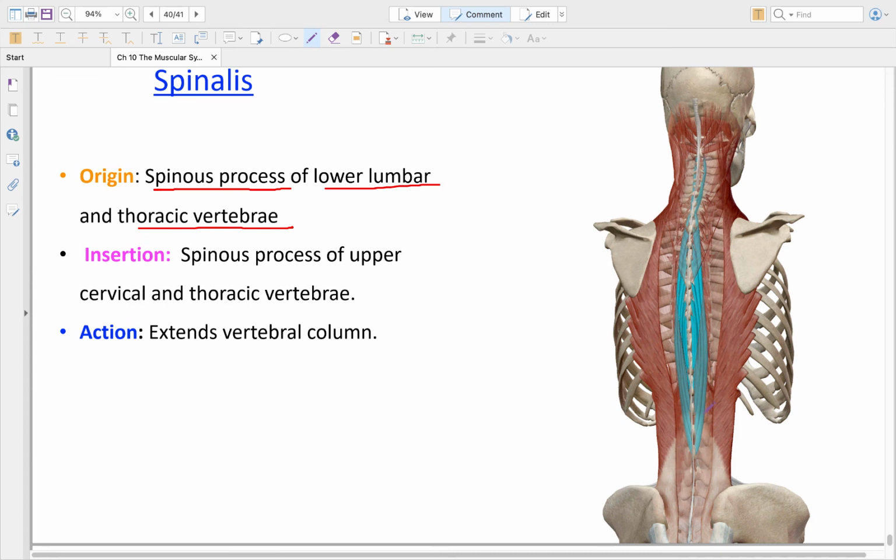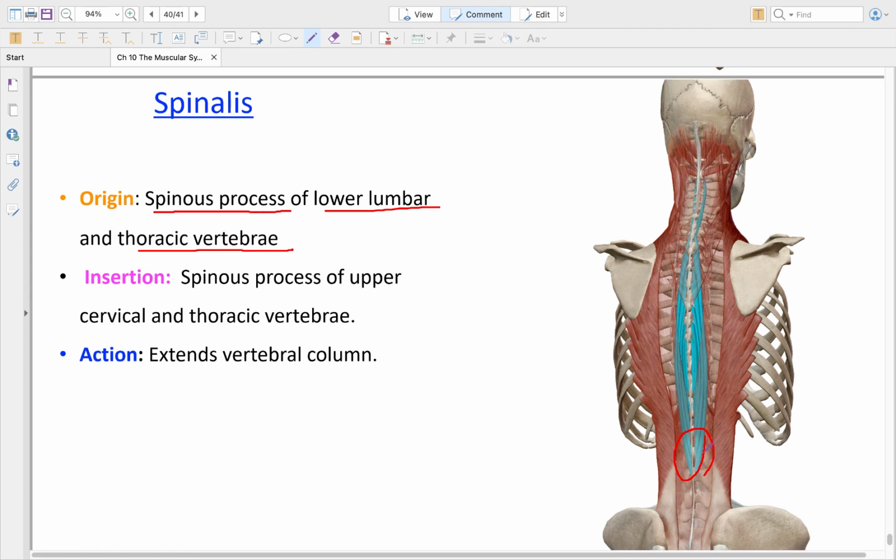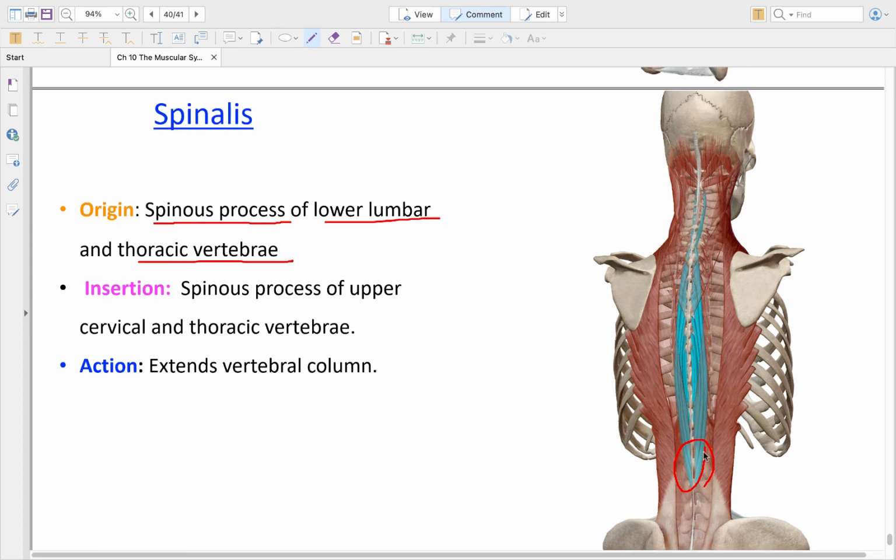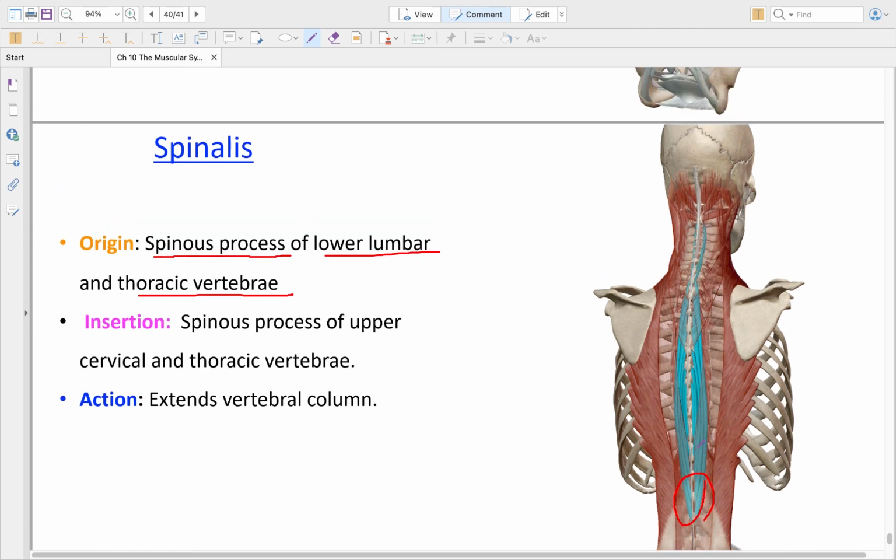So we can see mostly the origin. And then the insertion is going to be the spinous process of the cervical and upper thoracic, probably around here. There we go.